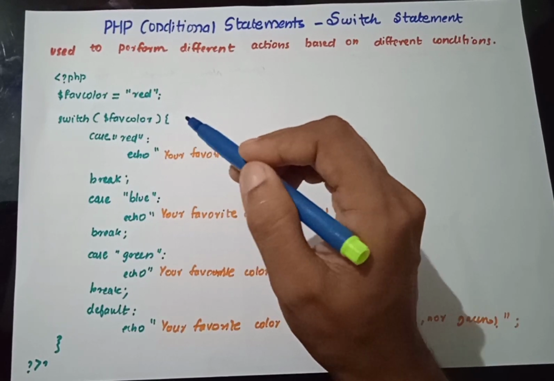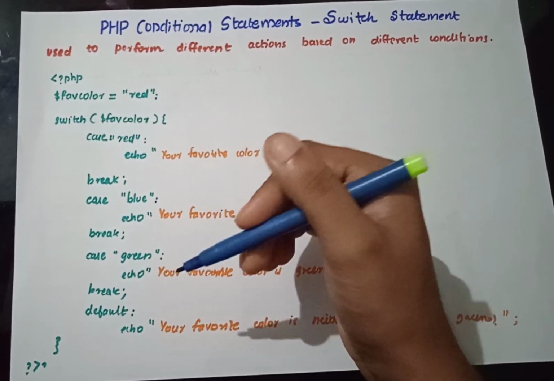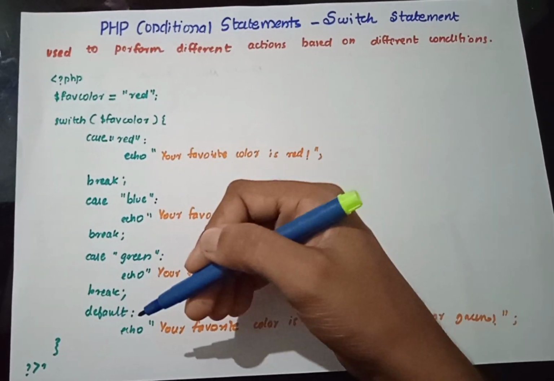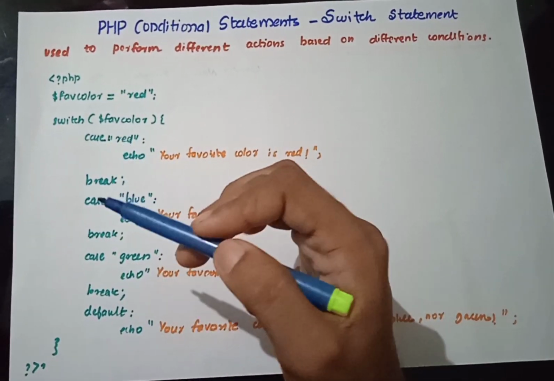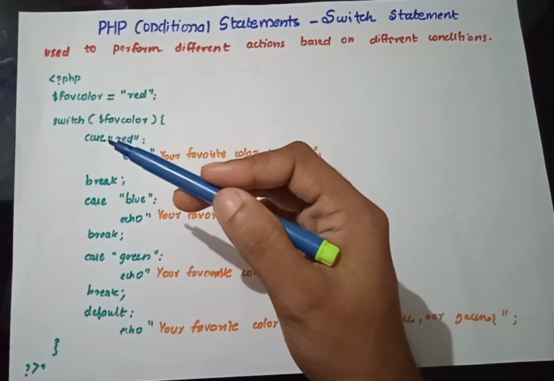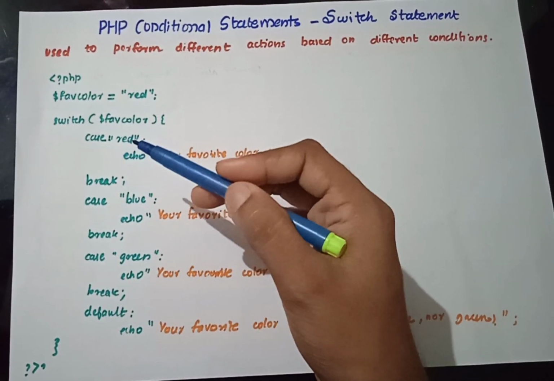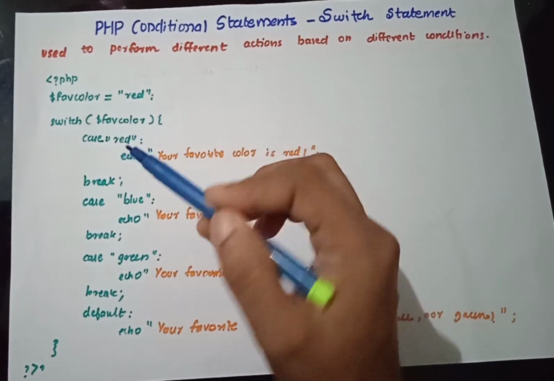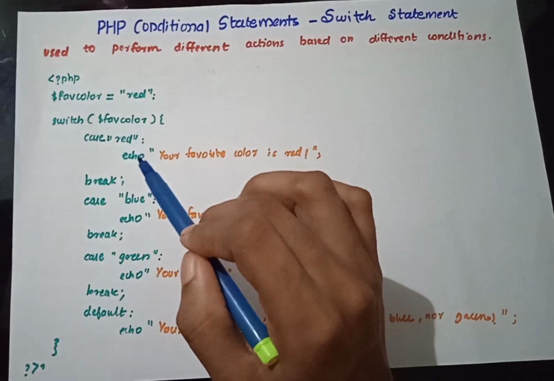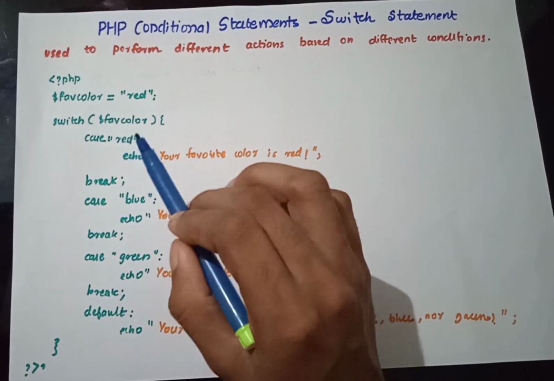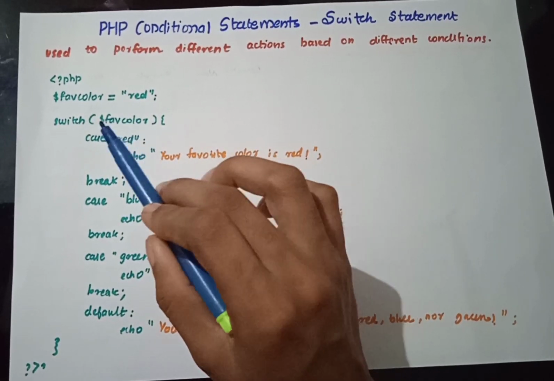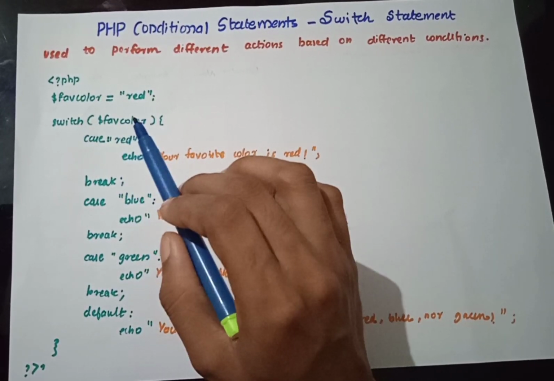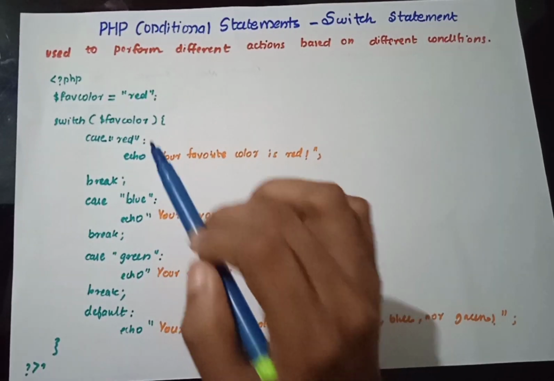That means from here you are going to write the switch cases. In the switch we will have different cases, and each case defines what is to be done as per the value you are giving at the switch itself, or the condition.